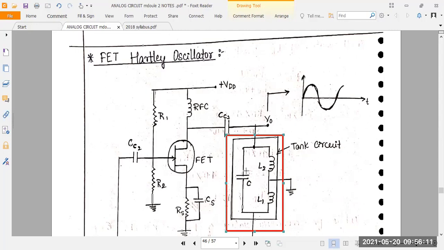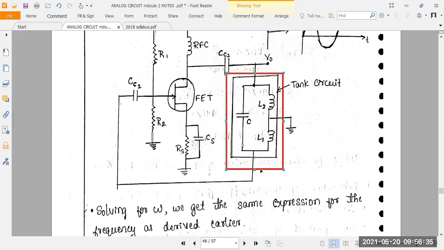By varying the capacitance value and these two inductance values, we want to match the 180 degree phase shift, because the amplifier gives 180 degree phase shift. So we want to generate the 180 degree phase shift by choosing the proper values of capacitance and inductance. Understood? From that, you'll get a full cycle. Okay, the output will get a full cycle here.